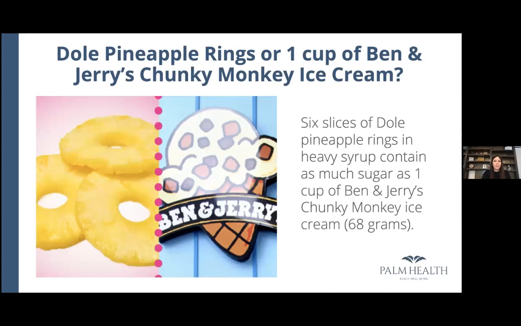So again, things that feel healthy or feel like an everyday item may just have lurking high fructose corn syrup or other artificial sweeteners that have increased its sugar content to the same amount as something that you would expect to have sugar in.